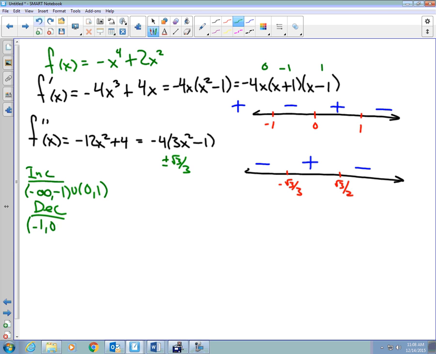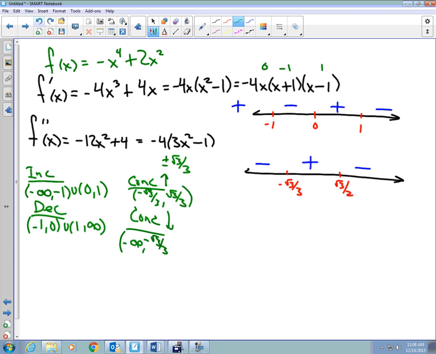Decreasing, -1 to 0, union with 1 to infinity. Concave up: -√3/3 to √3/3. Concave down from negative infinity to -√3/3, union with √3/3 to infinity.